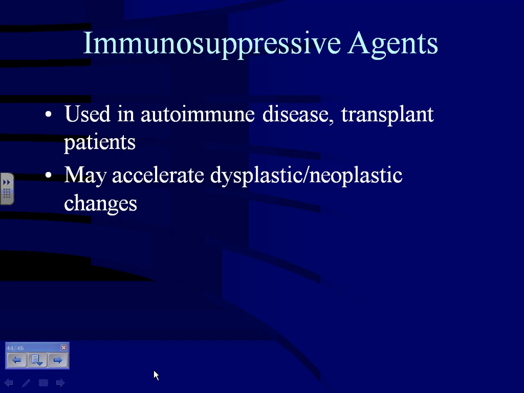Women who are HIV positive tend to get worse changes in response to HPV exposure. In other words, the dysplasias that they get tend to be higher grade, more progressive, so they actually have to be treated more aggressively when they get dysplasias because of the underlying associations.